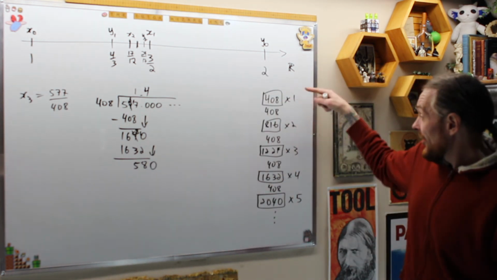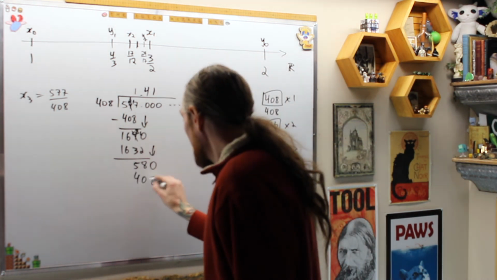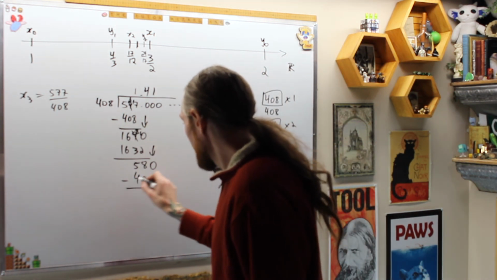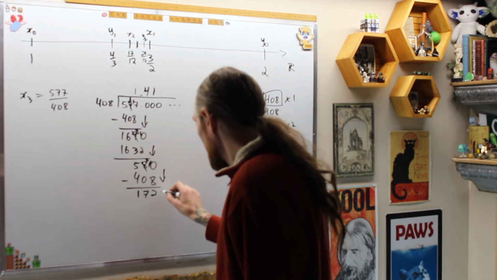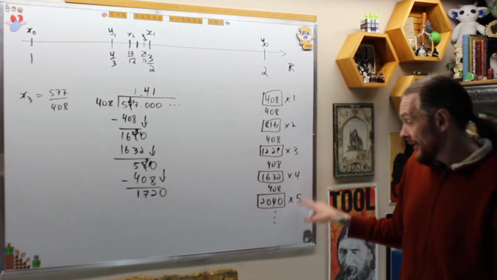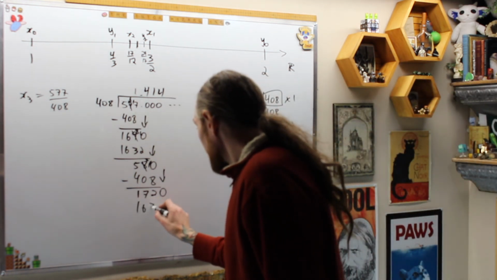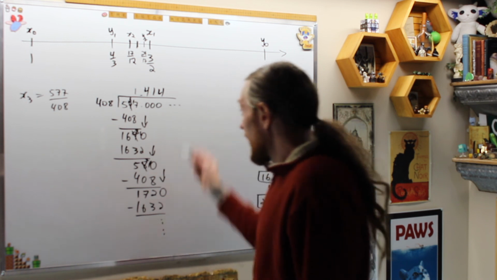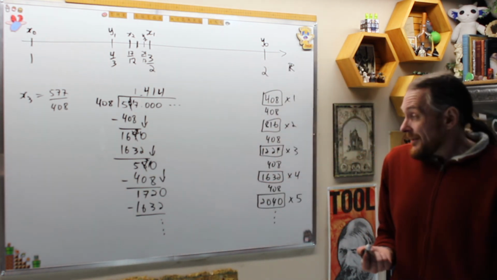I look at 580. Again, what I'm going to get is a 1. I'm going to have 408. Again, subtract, borrow. I'll bring this down, 1720. Still 5 is too much, so it has to be a 4. And then I'm going to get 1632, subtract, and so on. All they wanted was the 3 decimal places.